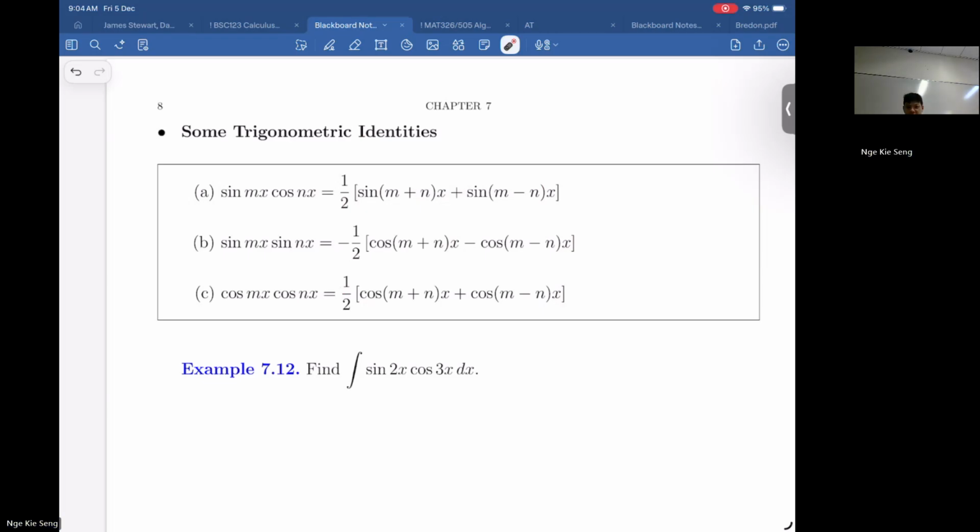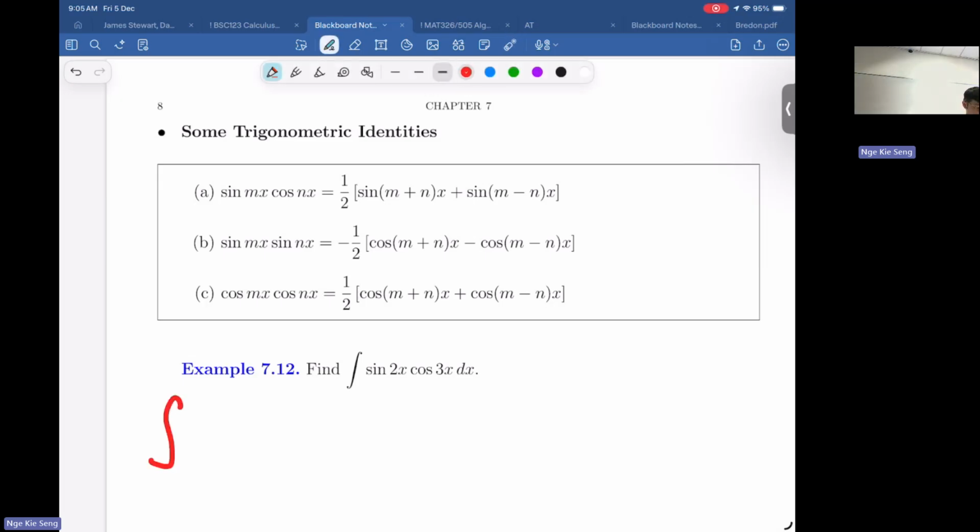Right. So let's do the first one. The first question was asking you to integrate sine 2x and cos 3x. So this is a product of sine and cosine in different periods. So we just use part A to transform it to some function solely in sine and cosine, but we need to take the sum.